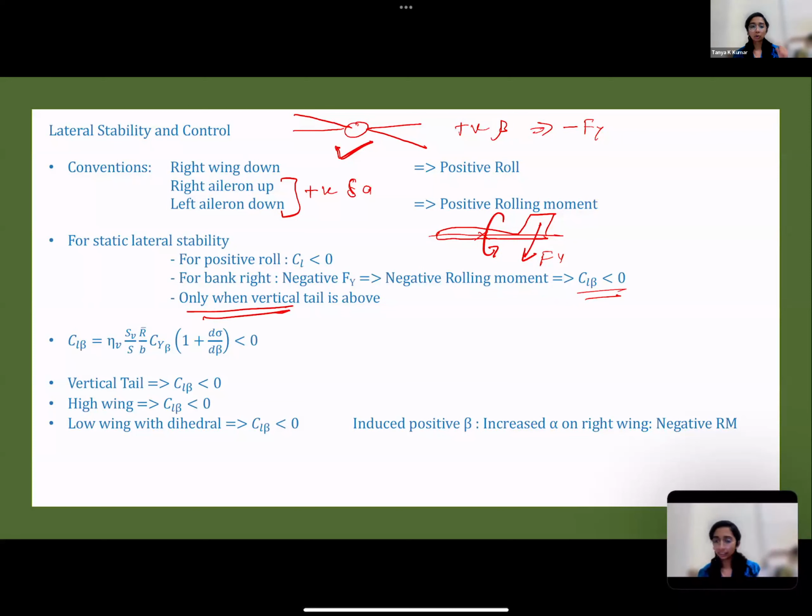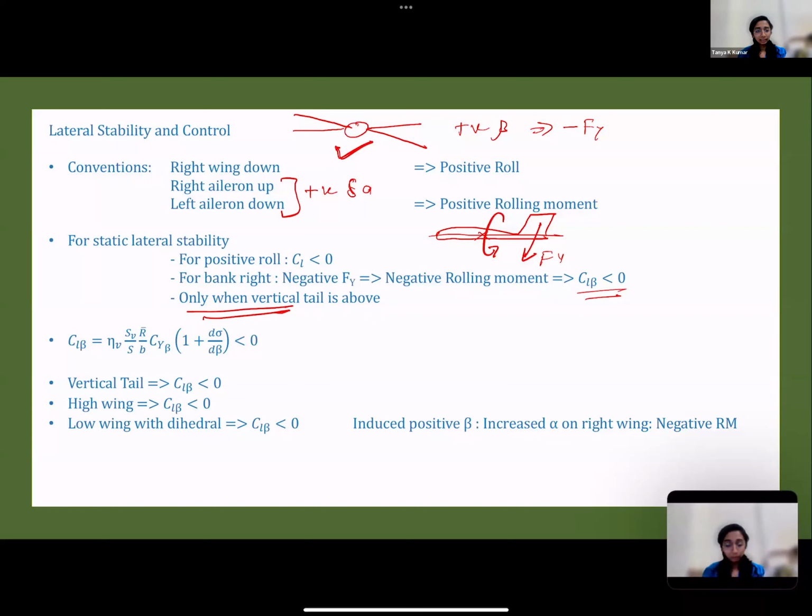Only when this negative Fy is produced above your CG will it produce a restoring moment. Otherwise, if it's below, it will further deviate from your desired point. It will not roll back. So it is stable only when your vertical tail is above.